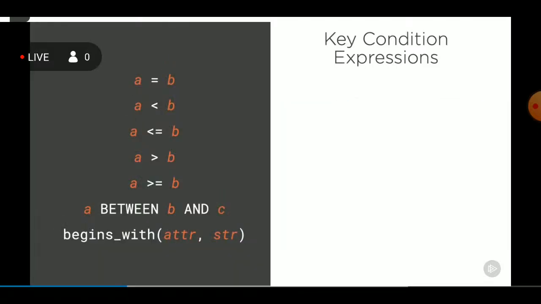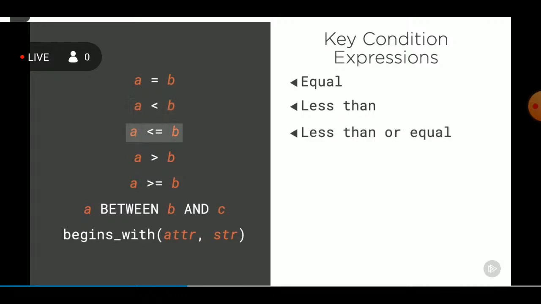So let's talk about how we can use key condition expressions to make our queries more precise. It is important to mention that partition keys always have to equal a value. Therefore, for partition keys, we always have to use equal condition. However, we can also use equal condition for sort keys. For sort keys, we can also use less than, where the value of the sort key is less than the value that we specify.